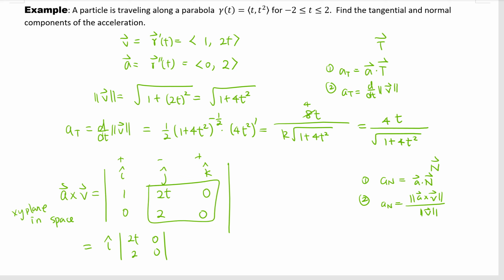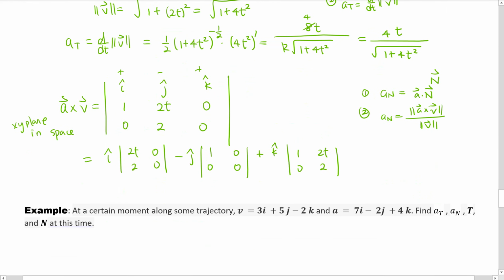The next ones cancel. And if a matrix has a row or a column entirely of zeros, the determinant is 0.